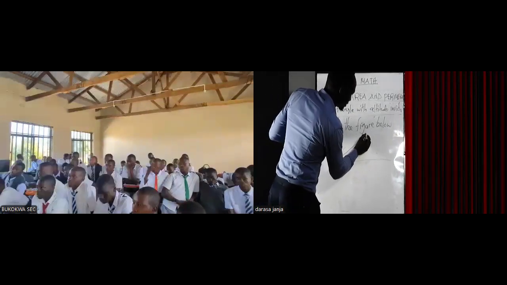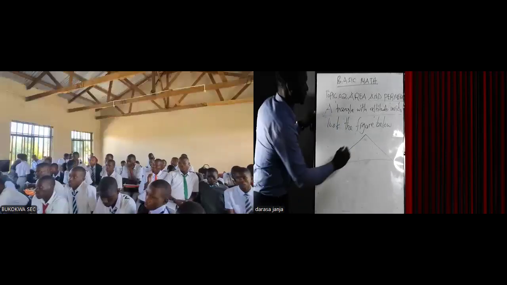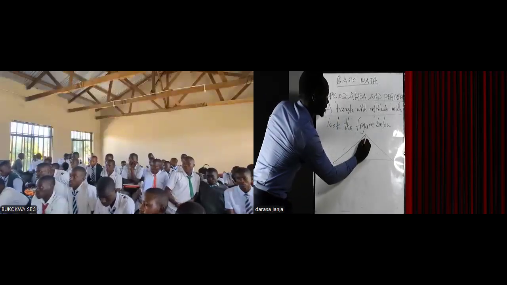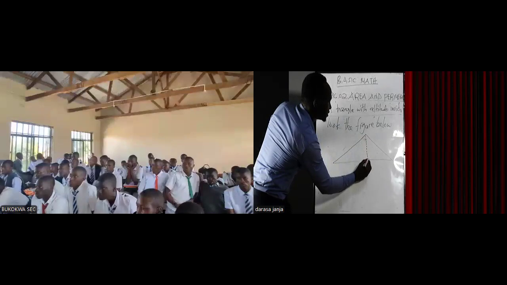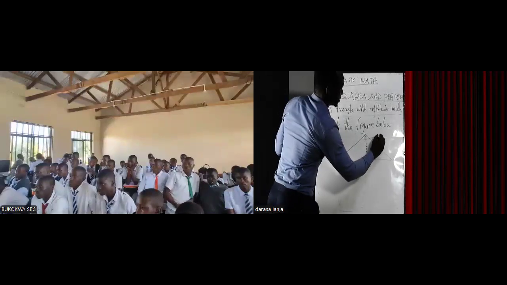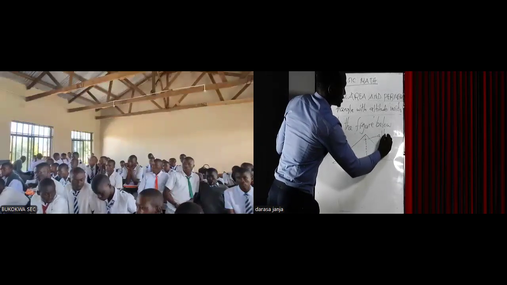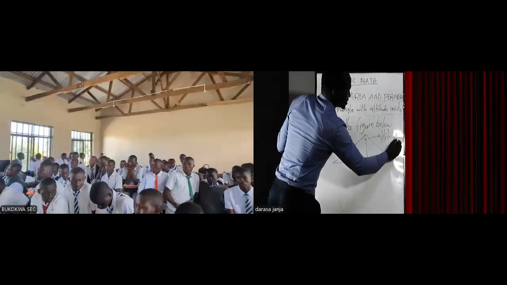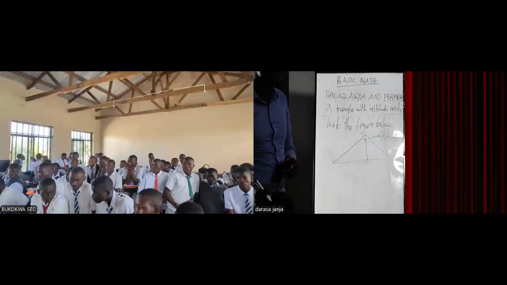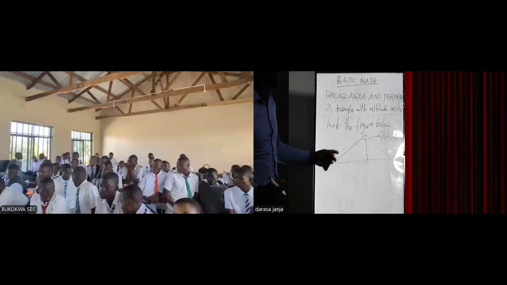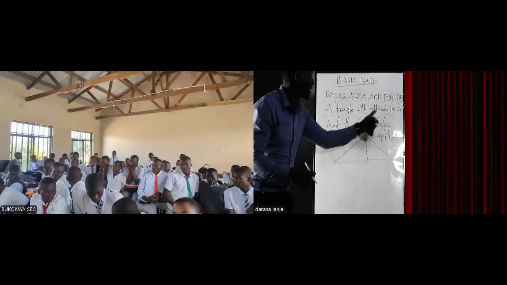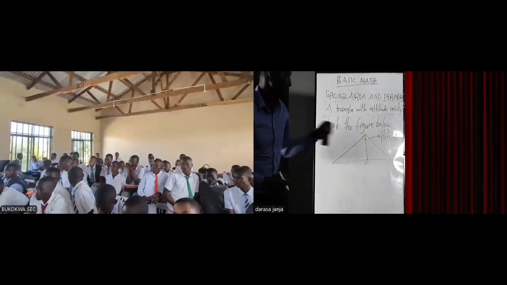So I'm just drawing it this way. So I'm putting the altitude inside this. This is an altitude. In normal way, we can say that the height, this one, the triangle with height inside or altitude inside.